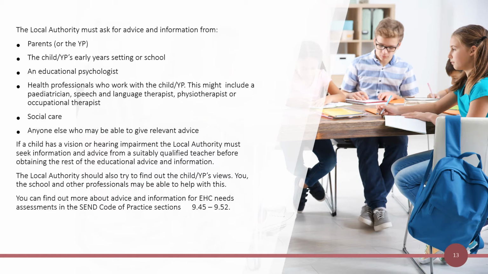If a child has a vision or hearing impairment, the local authority must seek information and advice from a suitably qualified specialist teacher before obtaining the rest of the educational advice and information. The local authority should also try to find out the child or young person's views. You, the school, and other professionals may be able to help with this.